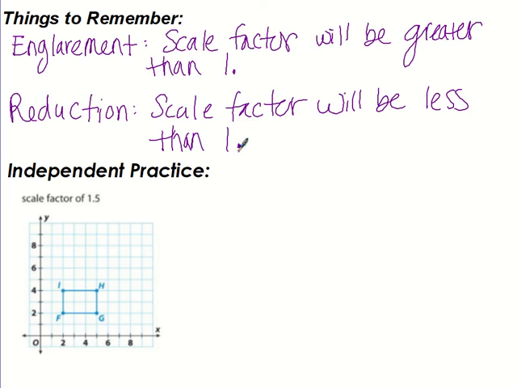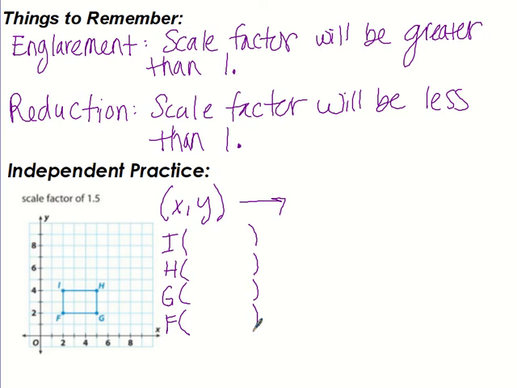All right, so here's your independent practice. Here's your scale factor. Here's your original. I want you to write the algebraic expression. I want you to list your points, I, H, G, F. And then I think it would be good practice to apply your rule like I did in the video, and then tell me what I prime, H prime, G prime, and F prime are.